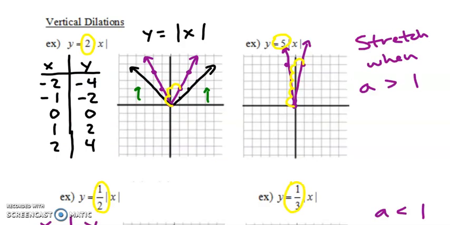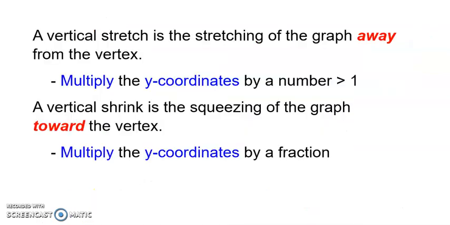Looking at these first two examples, you're multiplying the y values from our black parent function by 2, and you're getting y numbers that get bigger faster. Okay, and then a vertical shrink is where we squeeze or push down the graph towards the vertex, and so we're multiplying the y coordinates by a fraction. Examples we looked at were 1/2 and 1/3.